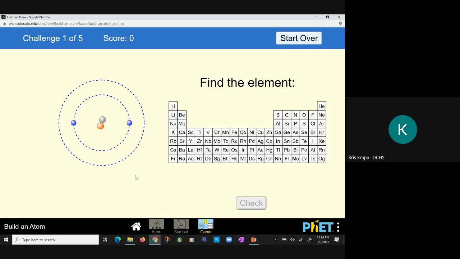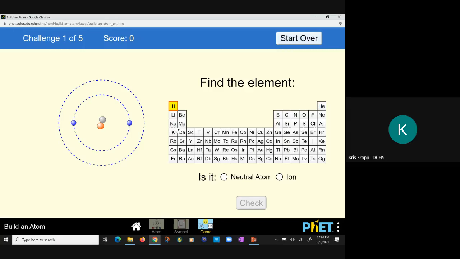What is the first element on the periodic table? Tierney, you are correct. It is hydrogen. Next time, answer with an exclamation point, not a question mark. Have some confidence. Good job.